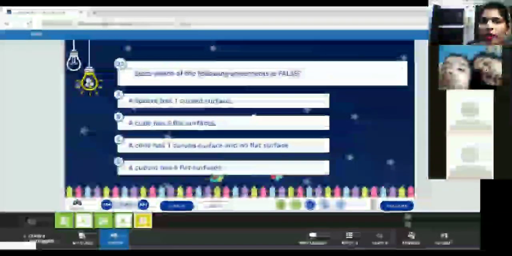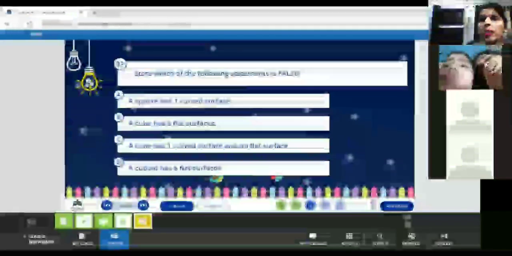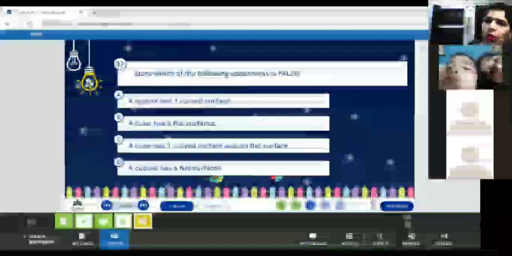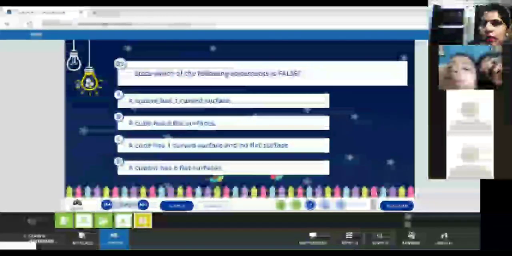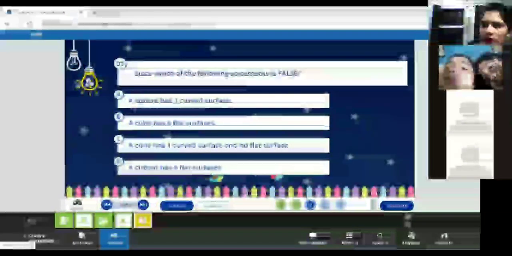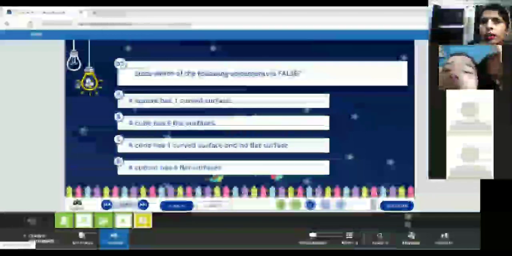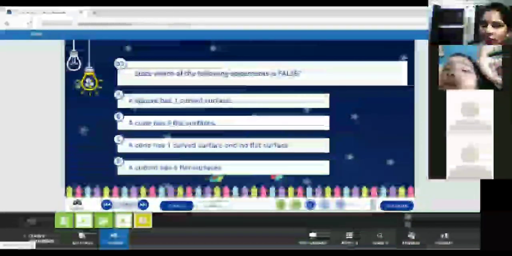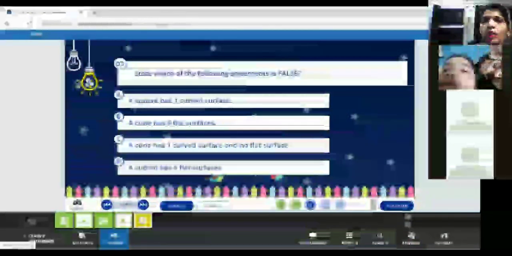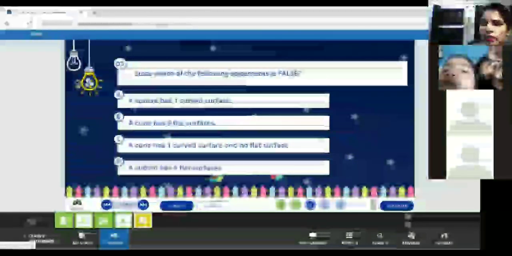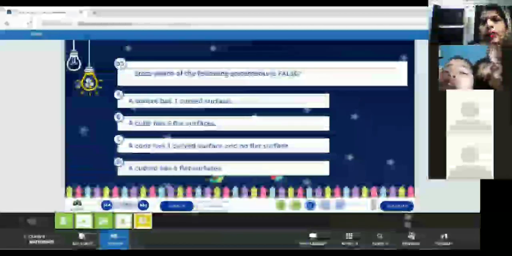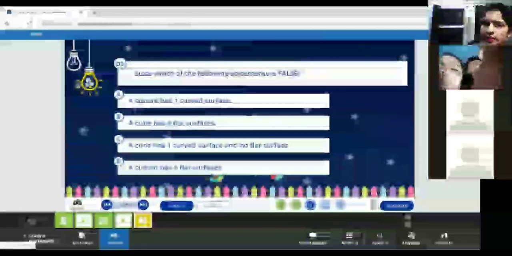State which of the following statements is false. You have to find out the statement which is not true. It means false. A sphere has one curved surface. A cube has 6 flat surfaces. A cone has one curved surface and no flat surface. And a cuboid has 6 flat surfaces.